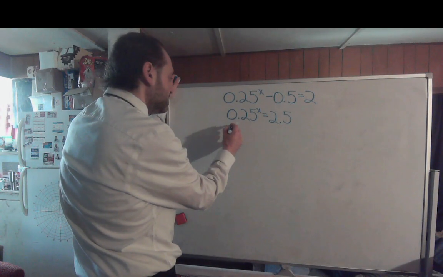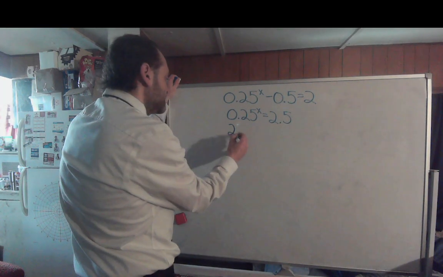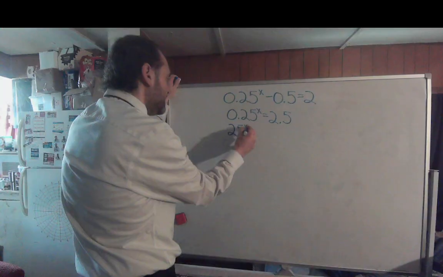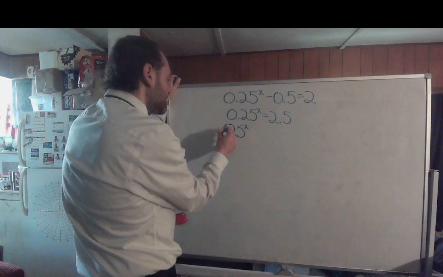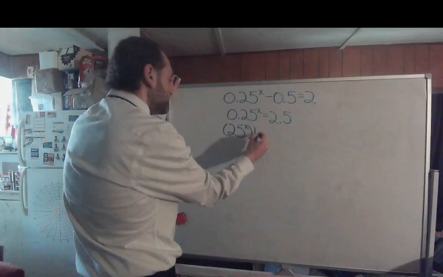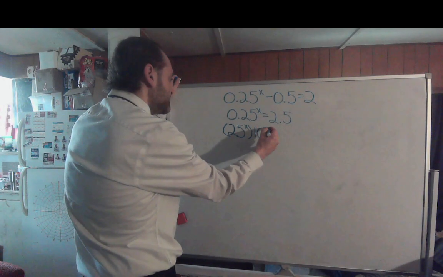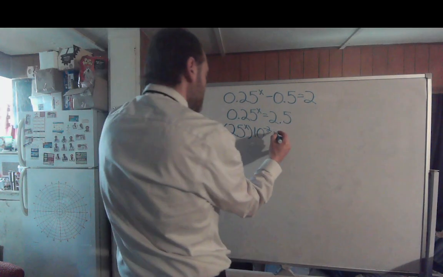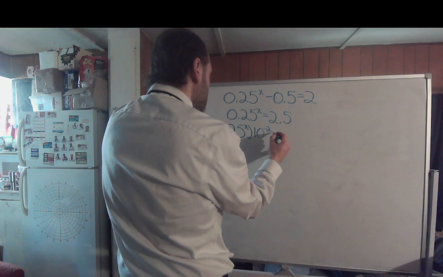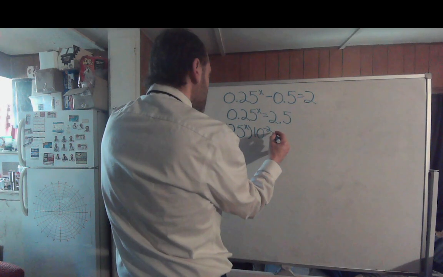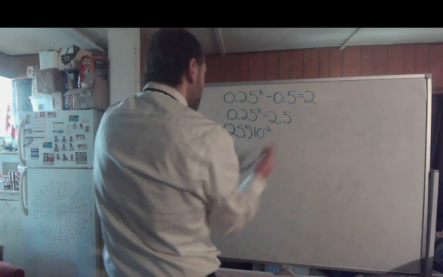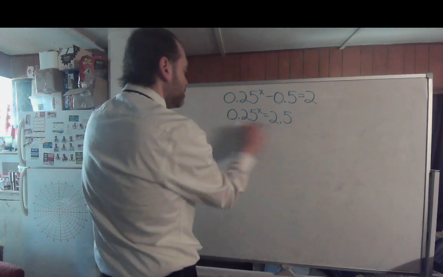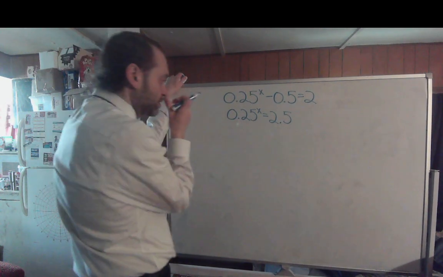So you could take 25 to the x times 10 to the negative second. No, that's not going to work. I was hoping there was a way to relate them, but there really isn't.